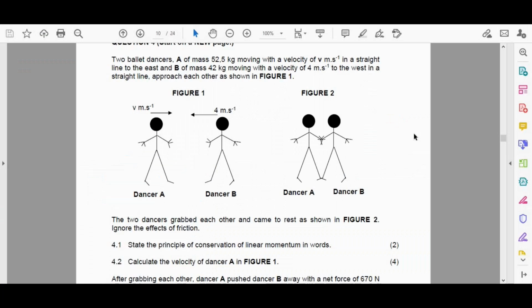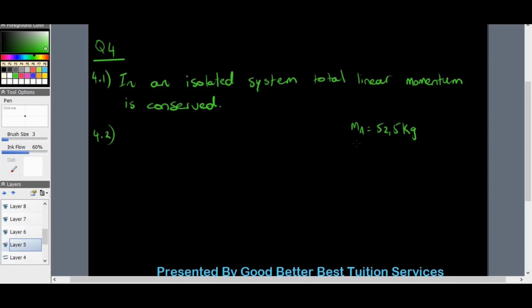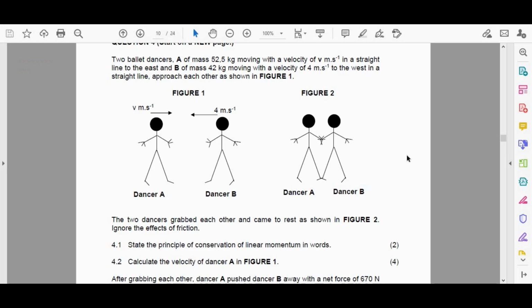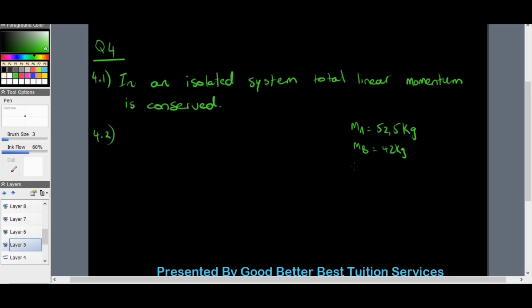We also know the mass of dancer B is 42 kilograms. What else do we know? The initial velocity of A is unknown. So vi of A is equal to v meters per second. But you're trying to figure out the numerical value of that.